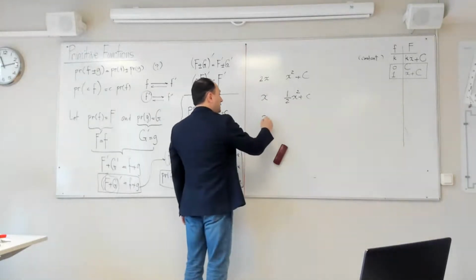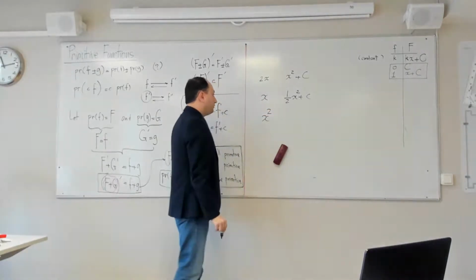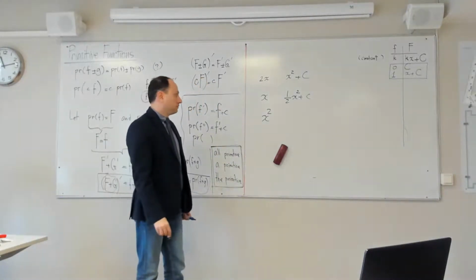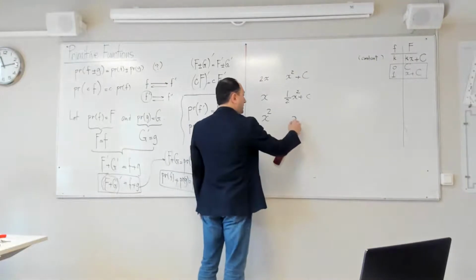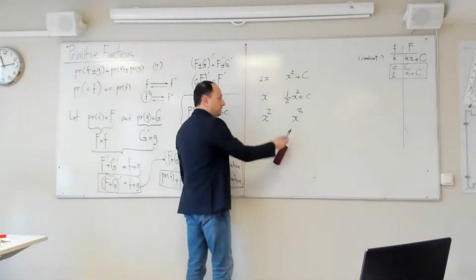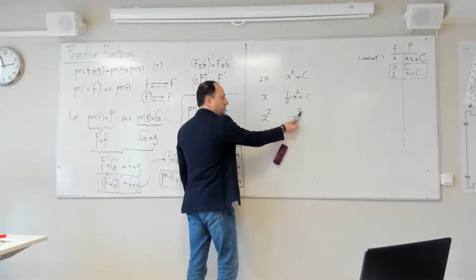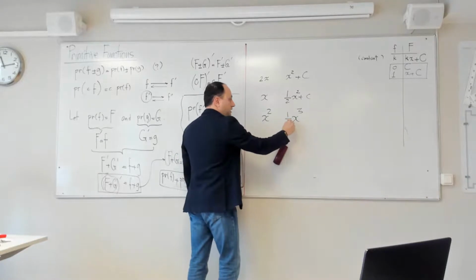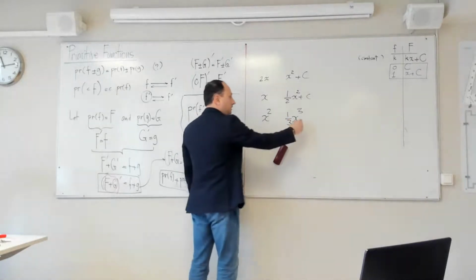And if I ask you the same question for x squared: give me a function whose derivative is x to the 2. It is simple to guess. It should be of type x to the 3. But the point is that if I take x to the 3, 3 goes down. I do not have any 3's here. So this motivates me to divide by a 3 and then add a constant.